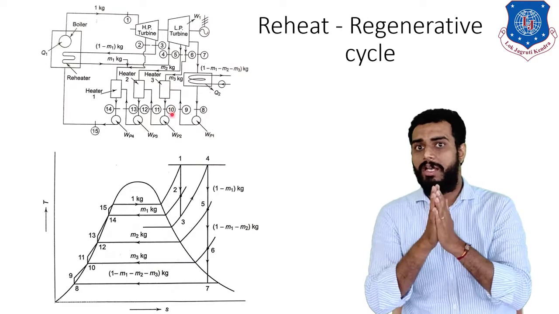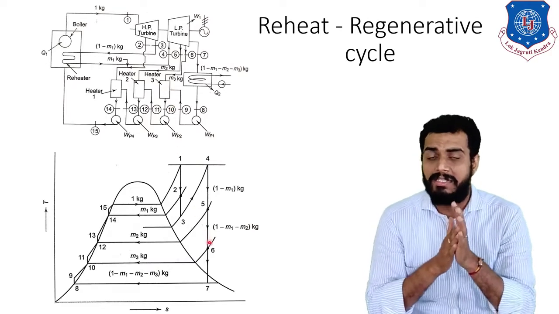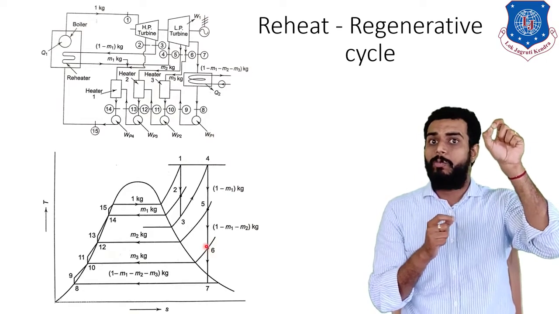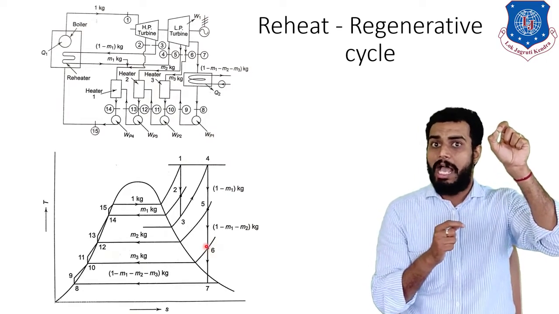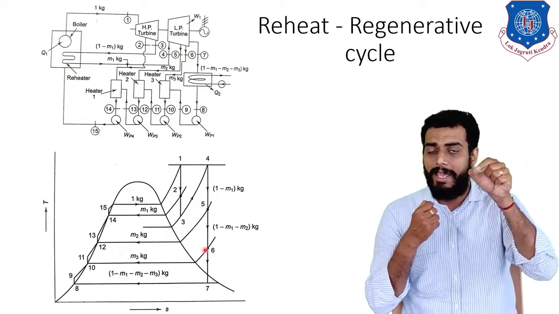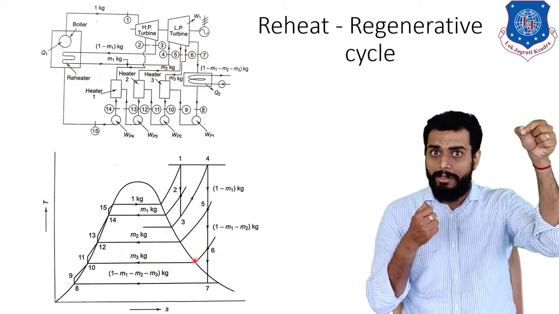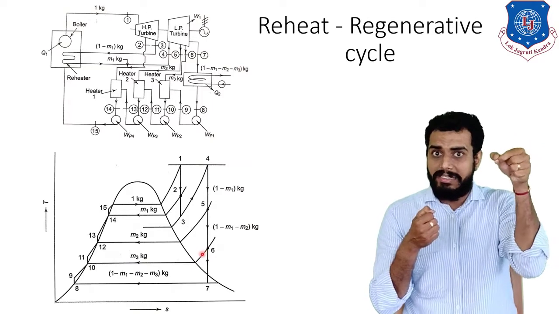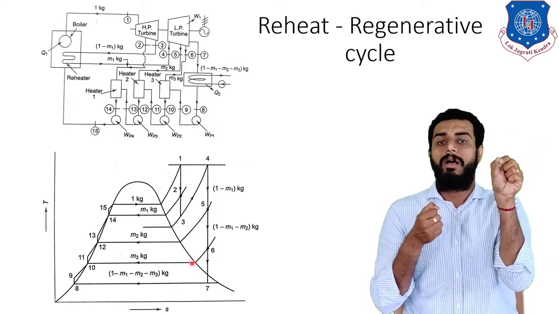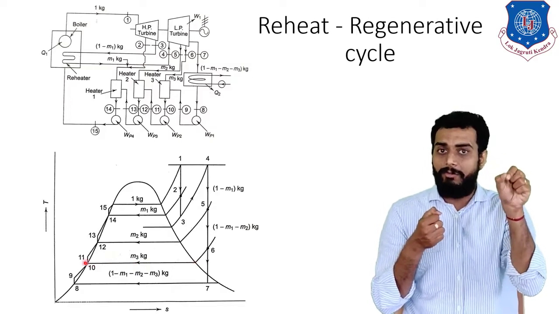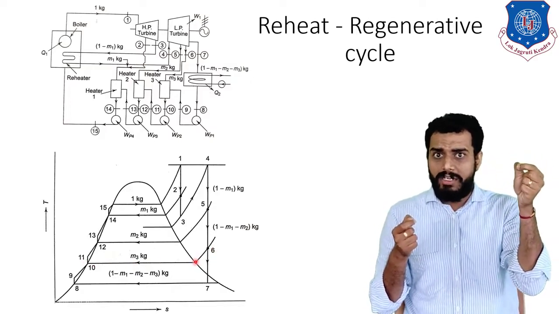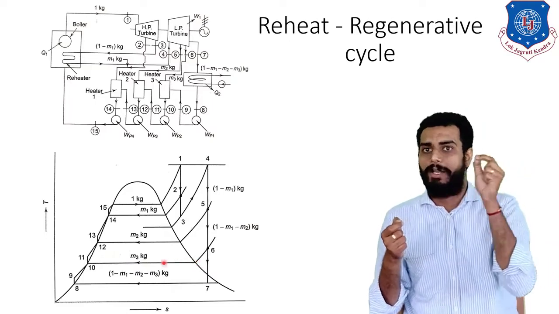So now observe point number 6 in the TS diagram. You can see point number 6 is in the superheated region. So now what will happen? From point number 6, M3 kg of steam is extracted. You can see that the superheating is decreasing, and slowly it has reached the saturation vapor point. And further it will reach towards the saturation liquid point.